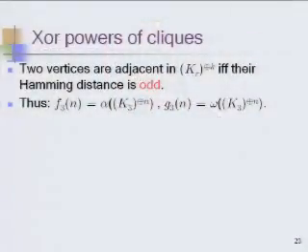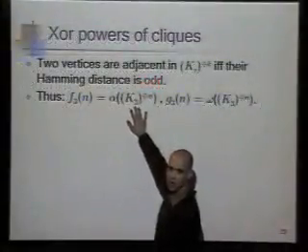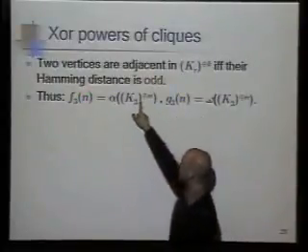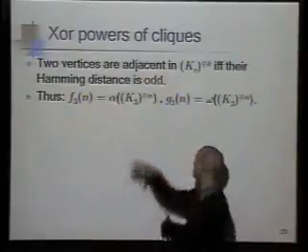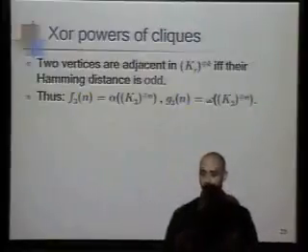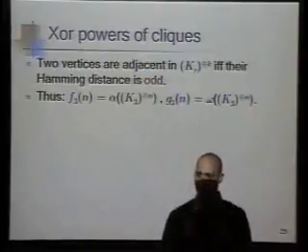And if we want to find the maximal number of vectors over alphabet 3 to the n, we want to find an independent set of this graph. An independent set is a maximal number of vectors with even pairwise distances. A clique is a maximum set of vectors whose pairwise differences are odd.